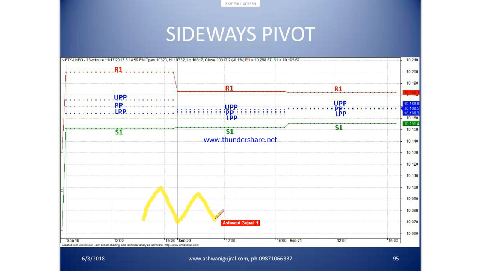Sometimes what will happen is this is sideways, it goes up and makes another range. So the idea should be, if prices are confirming the hitting of a bottom, only then trade it sideways. Like in the market these days, a lot of action is sideways.